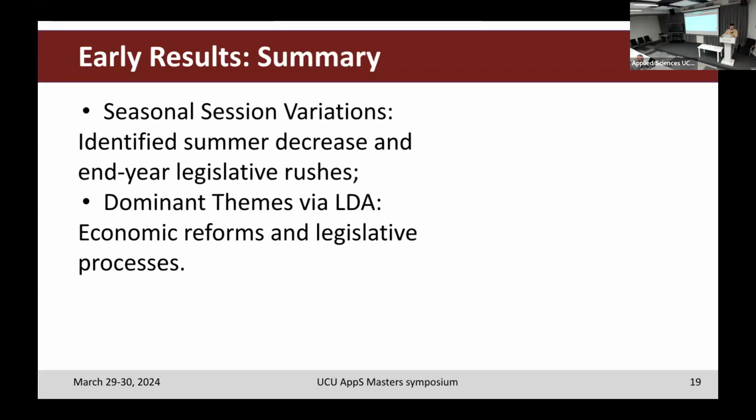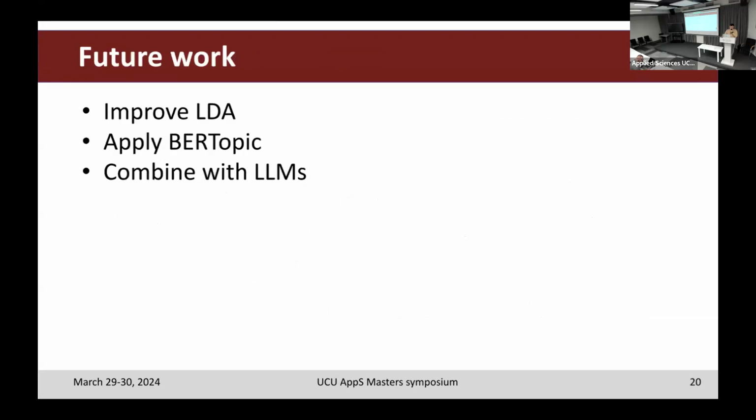What about the summary? Basically, we identified the summer decrease and the end-of-year legislative rushes. And from LDA, we identified that economic reforms and the legislative process were mentioned mostly in the year 2021, which we already analyzed.